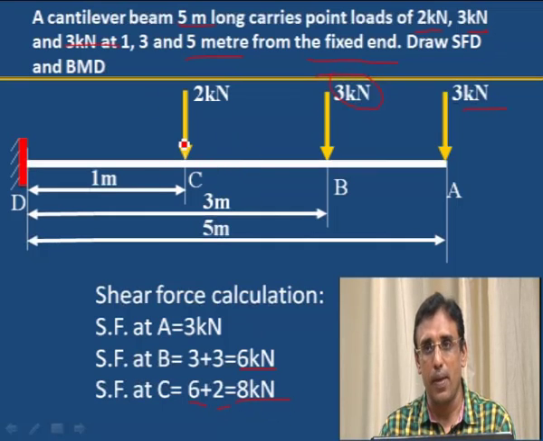Let us see the shear force at D. In between D and C, no load is added, therefore the shear force at D is the same as the shear force at C, 3 plus 2 plus 3, 8, the same 8 kilonewton value at D. Maximum shear force occurs at the D point.